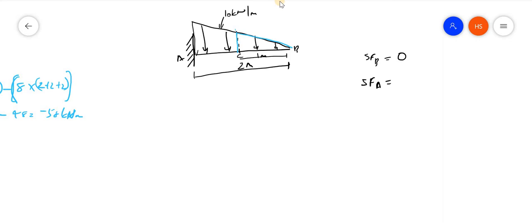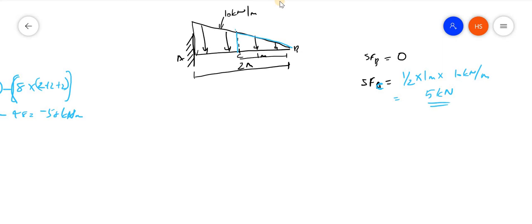Area means half into base into height: half into 1 meter into 10 kilonewton per meter, that is 5 kilonewton. This will be the shear force at C.